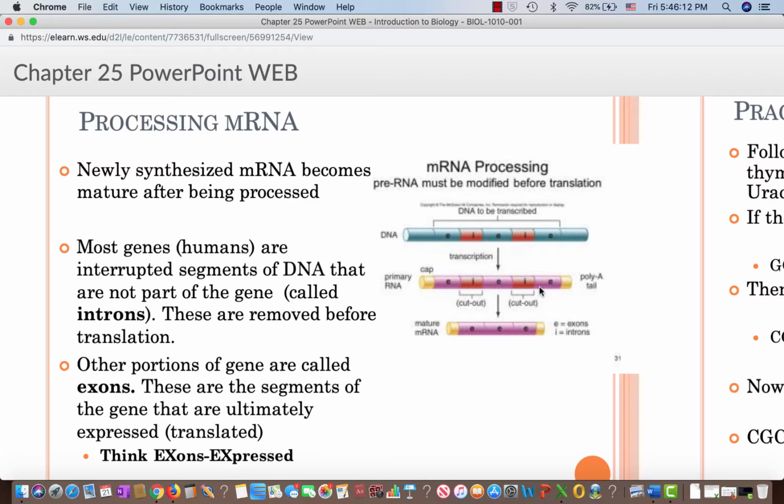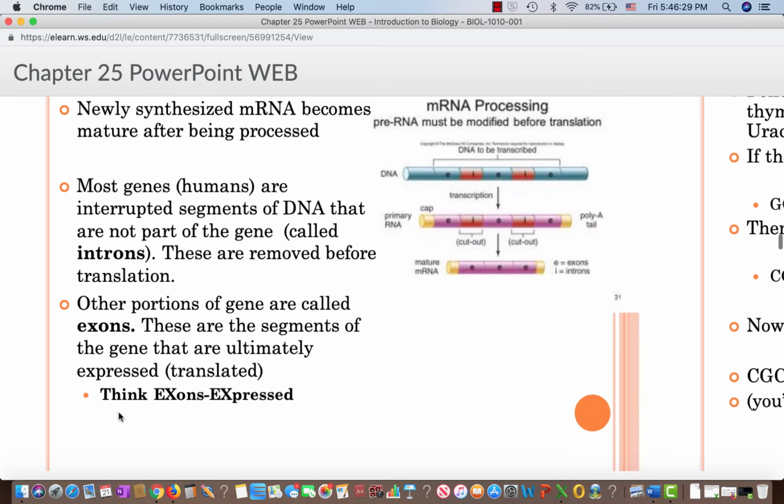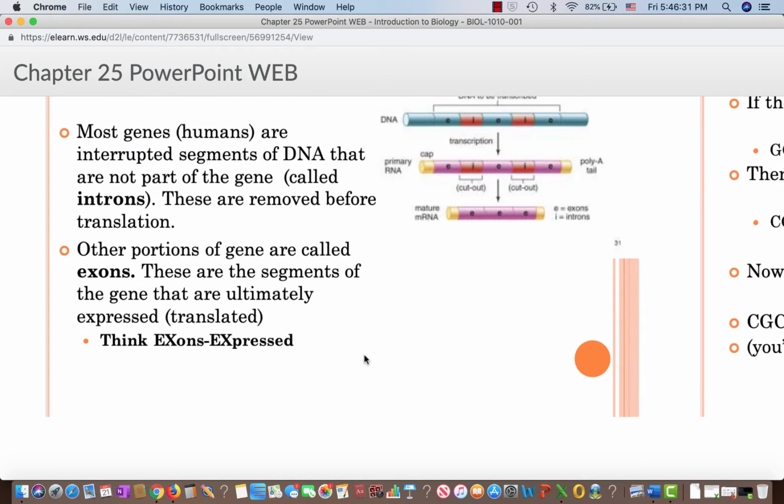This is not the final thing that gets sent to the ribosome, because you have all of these introns stuck in here. And you cut these out, and then you assemble your final RNA. So it is actually the exons that are expressed.